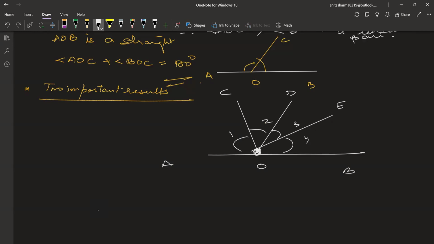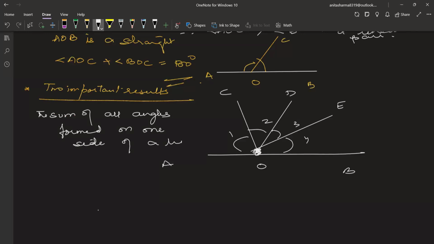So children, the sum of all angles formed on one side of a line at a given point on a line is 180 degrees.